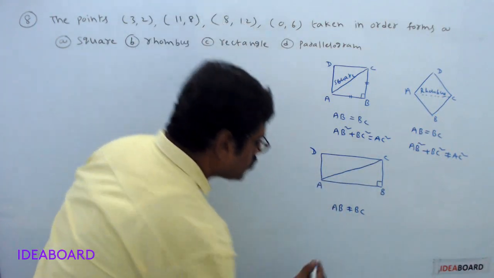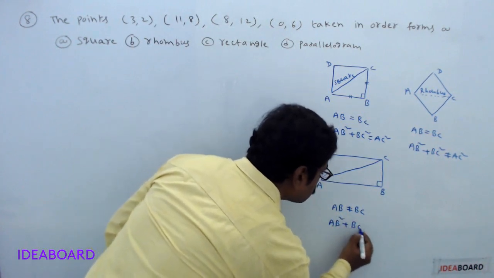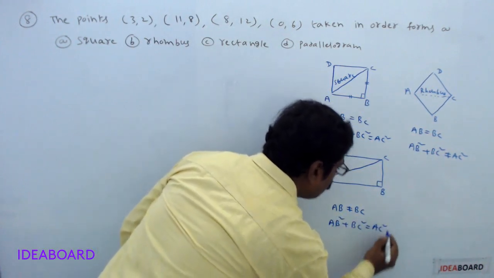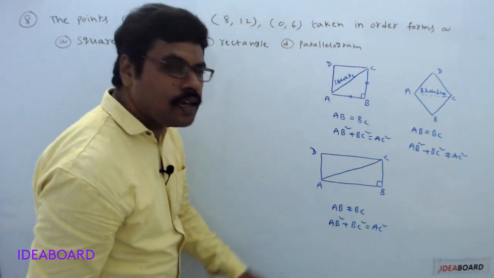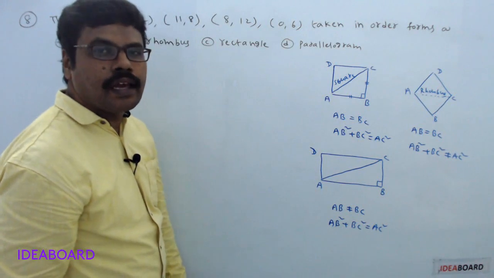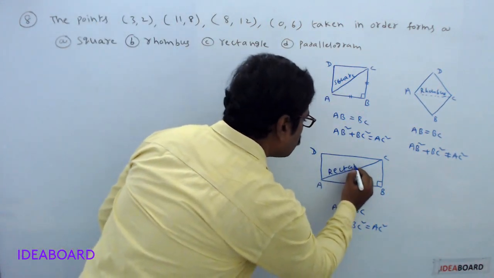Now apply Pythagoras theorem condition. AB square plus BC square equals AC square. If these two conditions are satisfied, then your quadrilateral is a rectangle. So it is a rectangle.